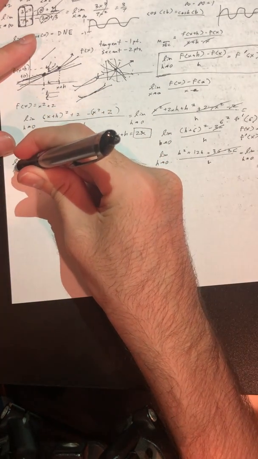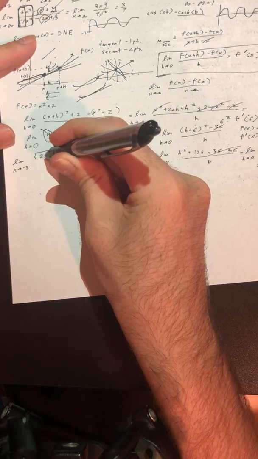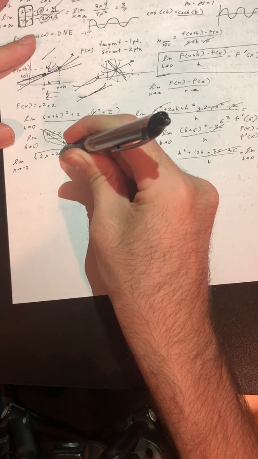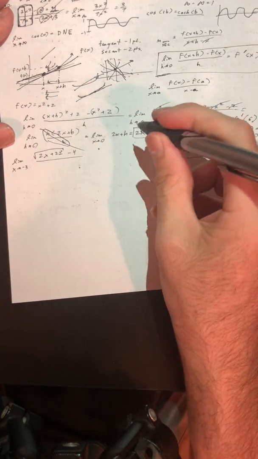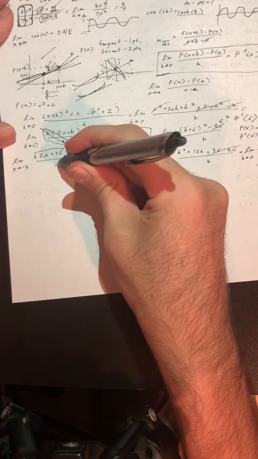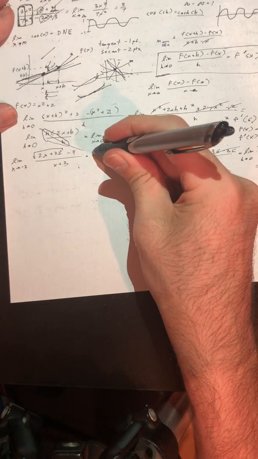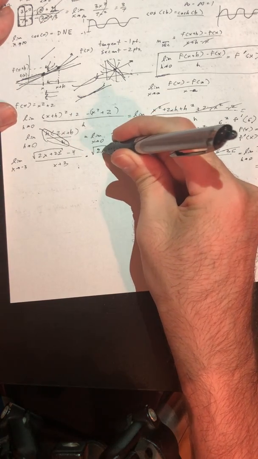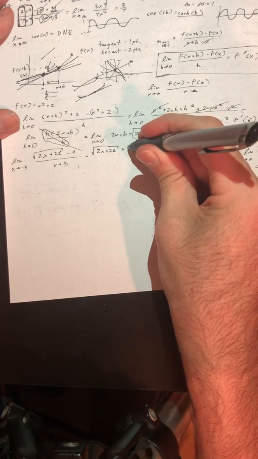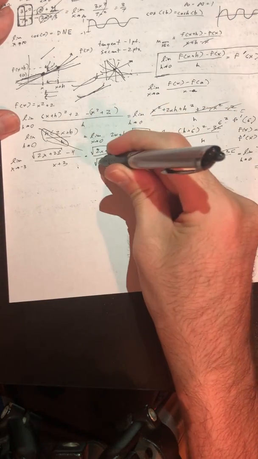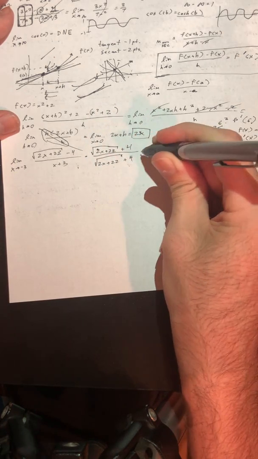So let's say we have the limit as x approaches -3 of the square root of 2x plus 22, this is under the square root, minus 4, over x plus 3. What I'm going to do is rationalize the numerator. I'm going to multiply by the square root of 2x plus 22 plus 4, over the square root of 2x plus 22 plus 4.